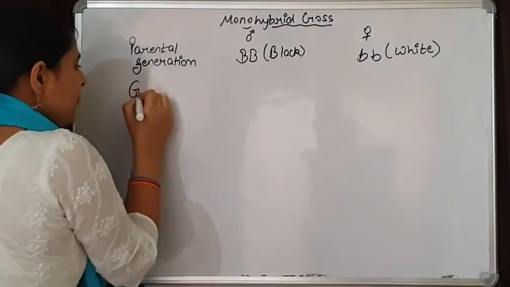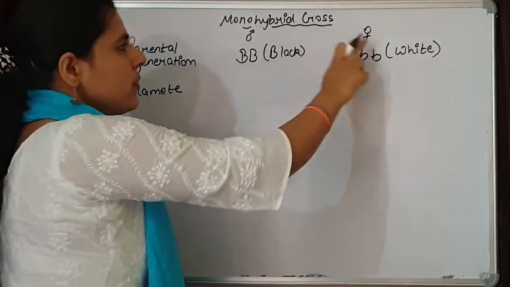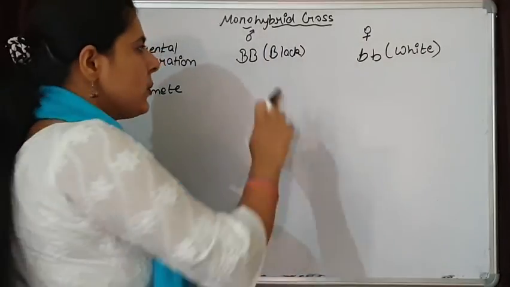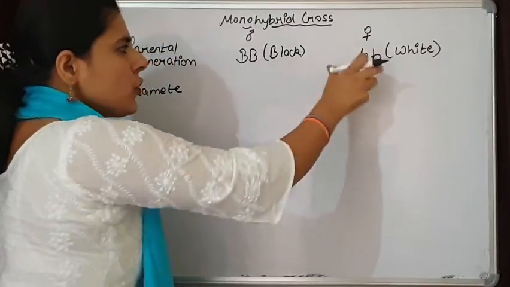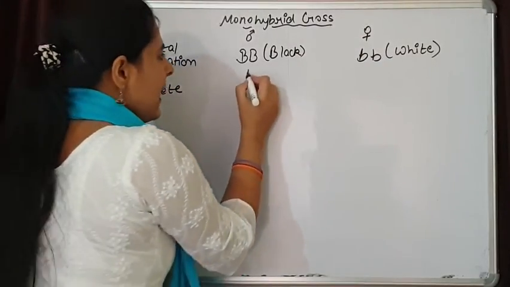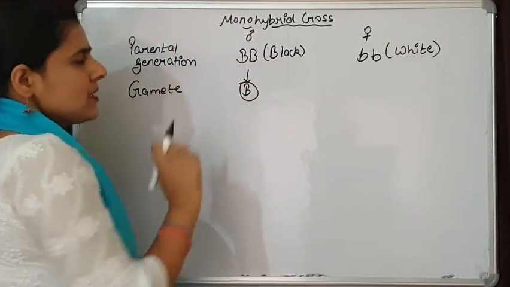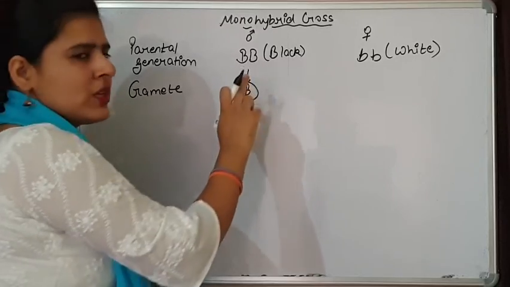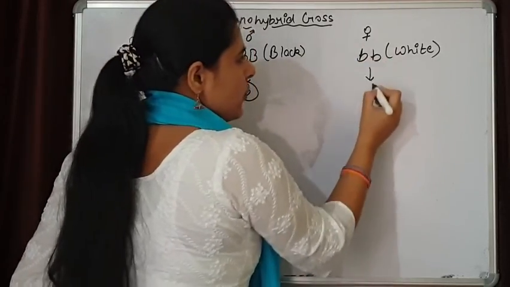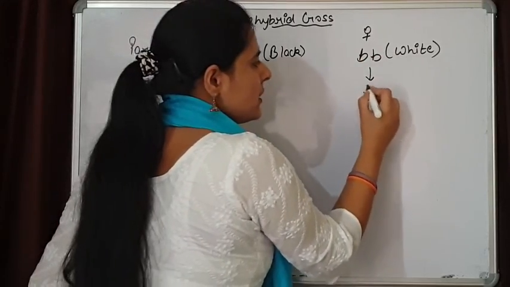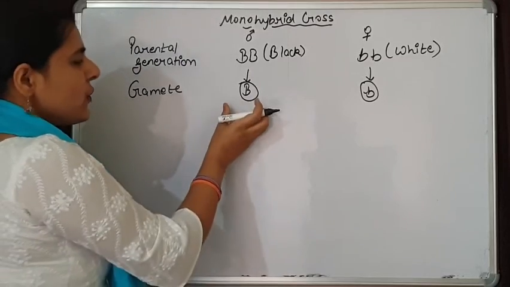Now gamete formation takes place. There is breeding, or you can say fertilization, between this pure black male and pure white female. So cross fertilization is there and production of gametes happens. Both the factors are the same, a homozygous situation, so only one type of gamete is produced. The same situation is there in the female, so only one type of female gamete is produced.